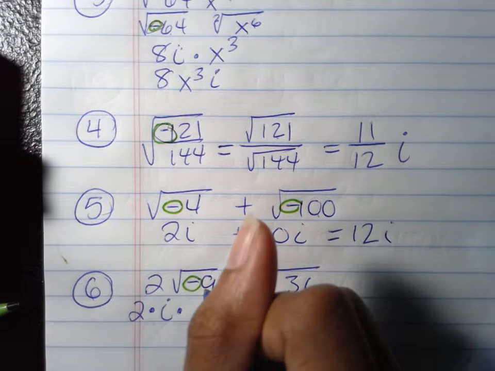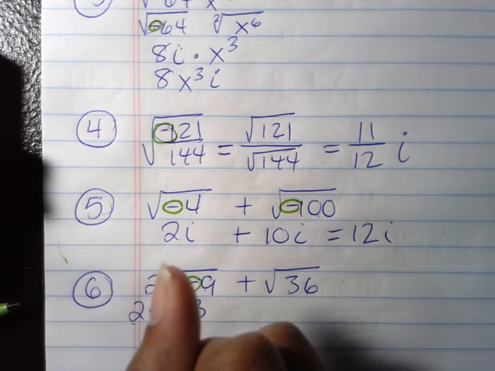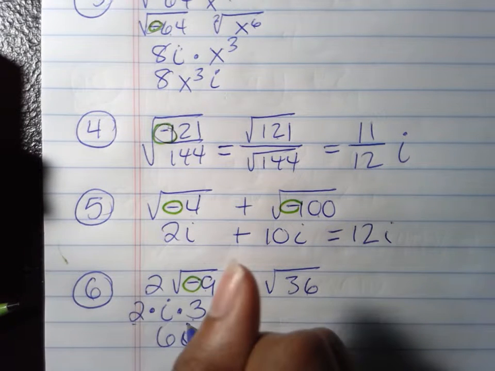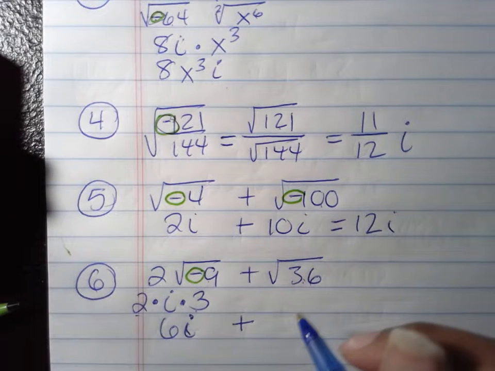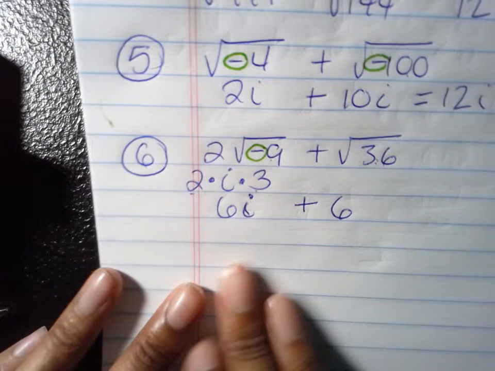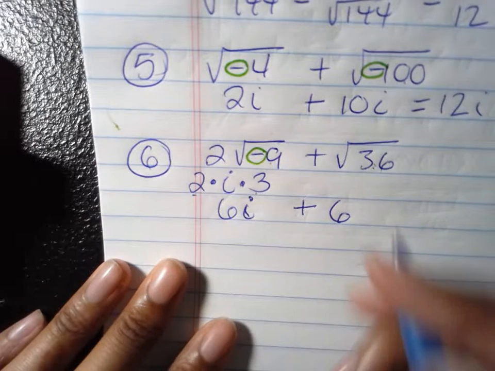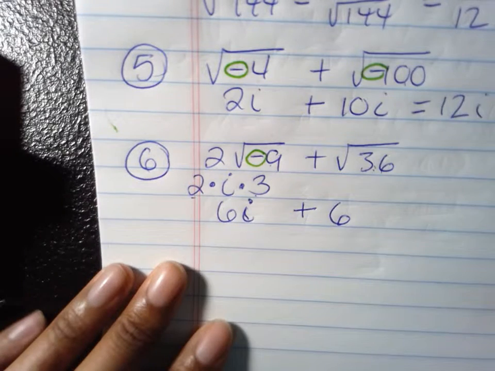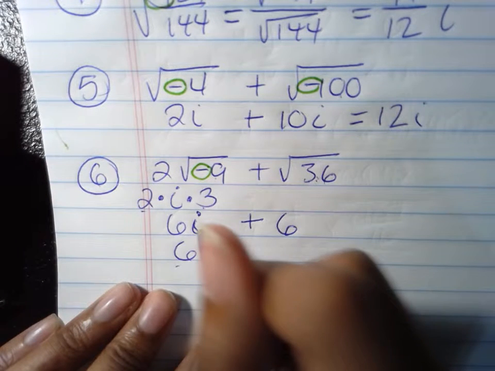So 2 times 3 is 6, so I have 6i technically here. This one I don't have a negative to take out, so the square root of 36 is 6. Alright, so 6i plus 6, what I really want to write it as though is the number first, because it's a complex number, so the number comes first, the i comes next. So this is the correct way to write the answer.